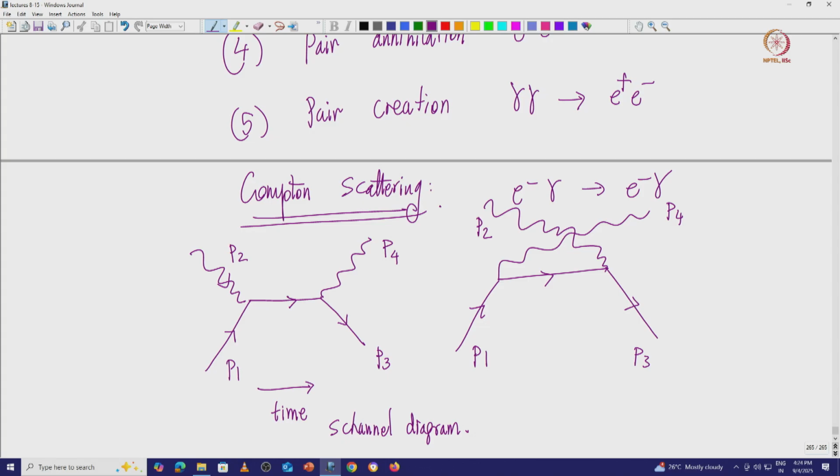This would mean that your momenta exchange is a T channel diagram, or it depends on the notation, but in some places you can call it the U channel. So, the difference between these two depends upon your notation. These are the two diagrams which contribute to the photon Compton scattering.